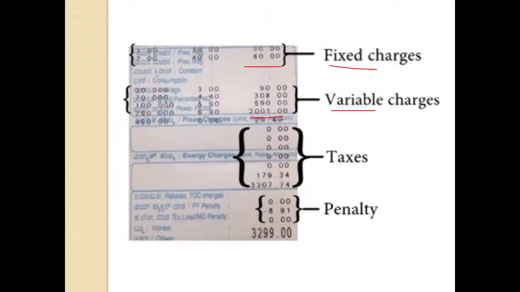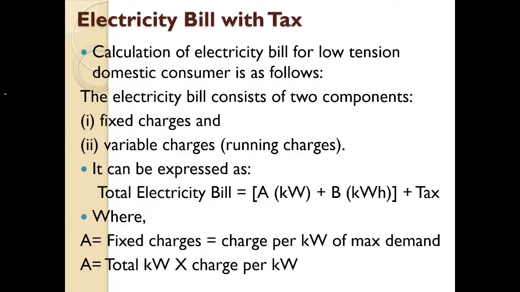You just go through your bill and check whether fixed charge and variable charge are mentioned or not. Usually it is applicable only for the high demand LCT, which is for industrial purposes.